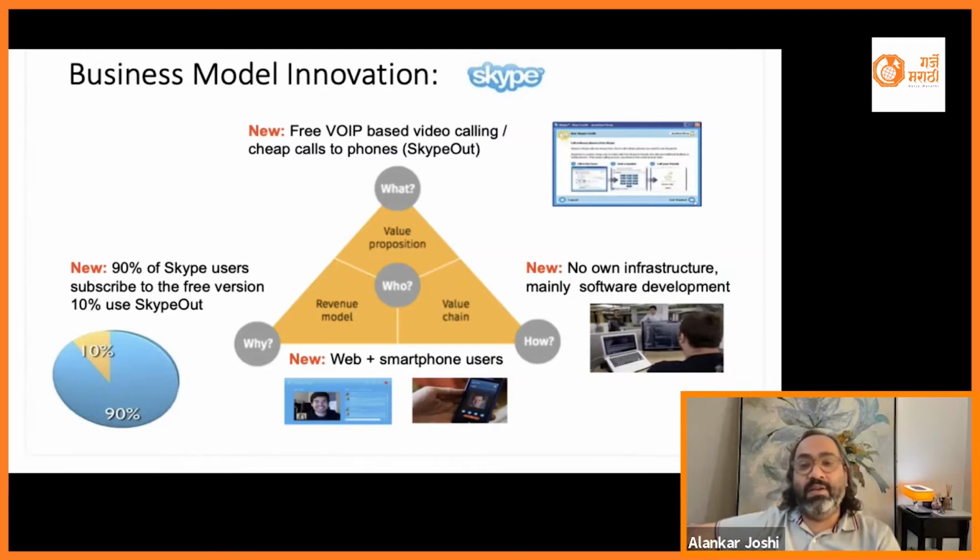Skype obviously didn't have to make any of those investments, because they were using a completely different model of delivering the same value, or actually a new enhanced value, to a new customer. Their way of delivering was by creating world-class software applications to deliver this video calling ability.